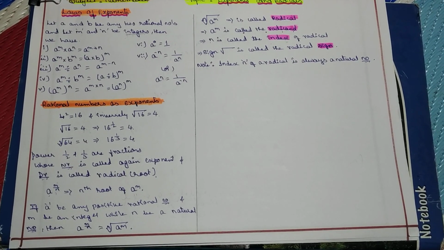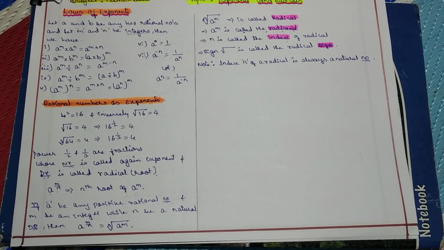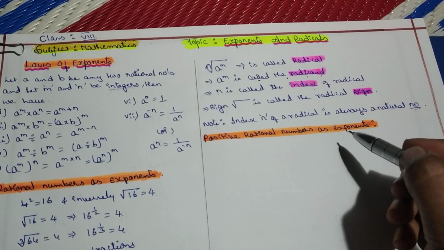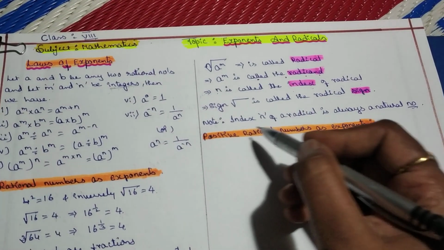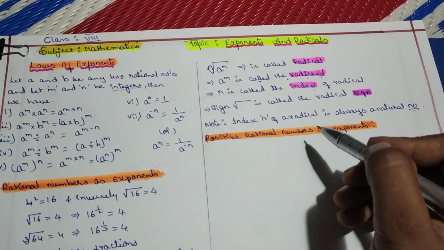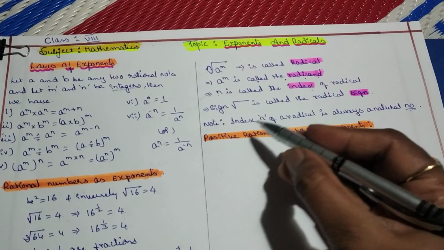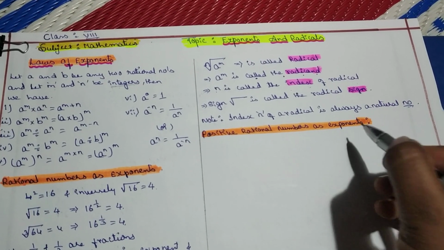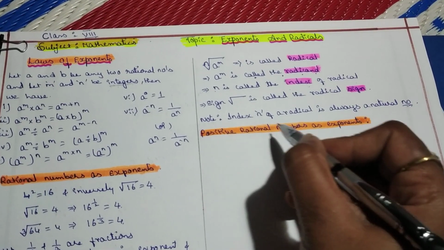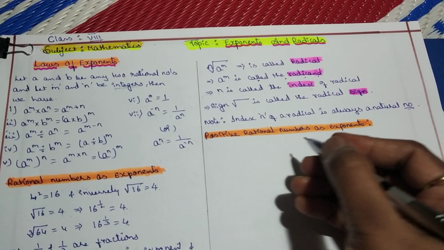Now let us study positive rational numbers as exponents. Here the exponents will be positive rational numbers. We know that rational numbers are of two types: positive rational numbers and negative rational numbers. If the exponents are positive rational numbers, then how can we write it?